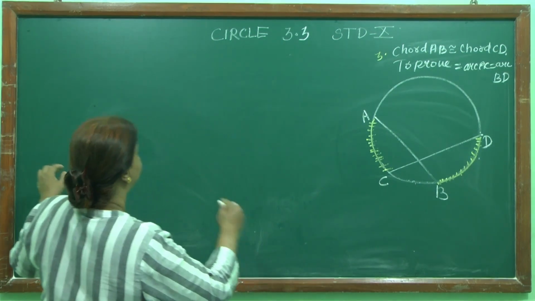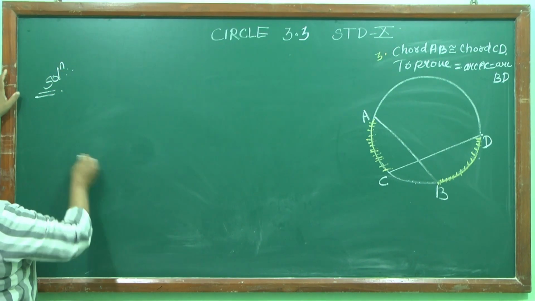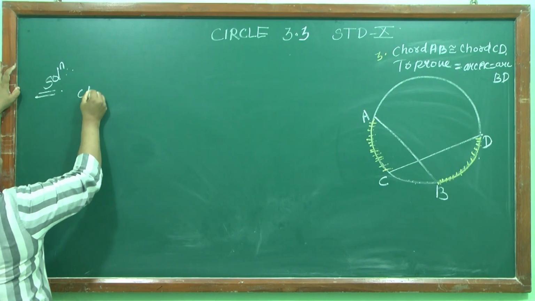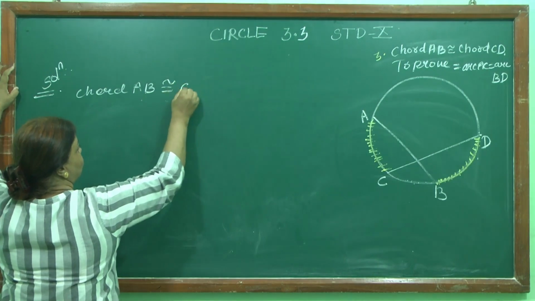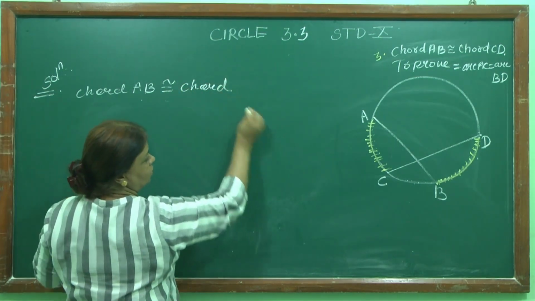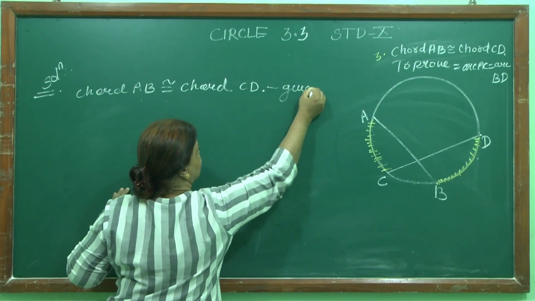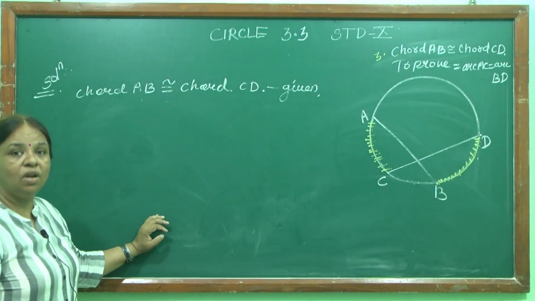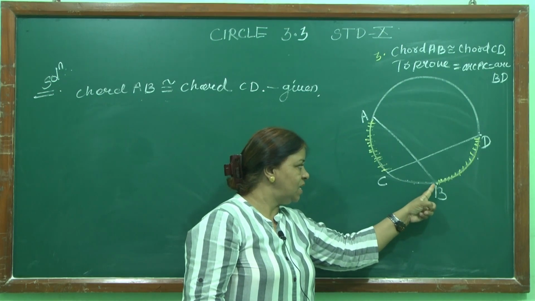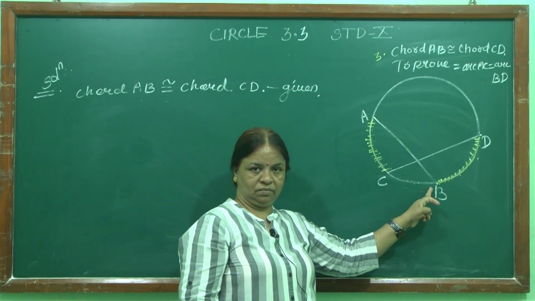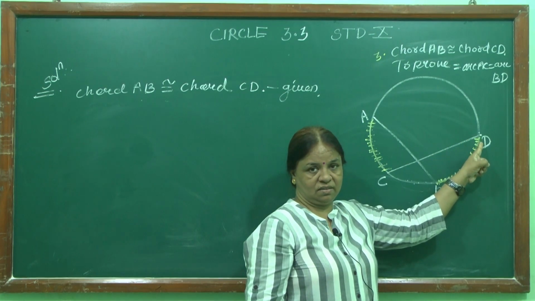So solution. Let us begin. What is given? Chord AB is congruent to chord CD, and the reason is given. And children, we have seen equal chords subtend equal arcs. Chord AB is subtending this arc. Chord CD is subtending this arc. Let us write.